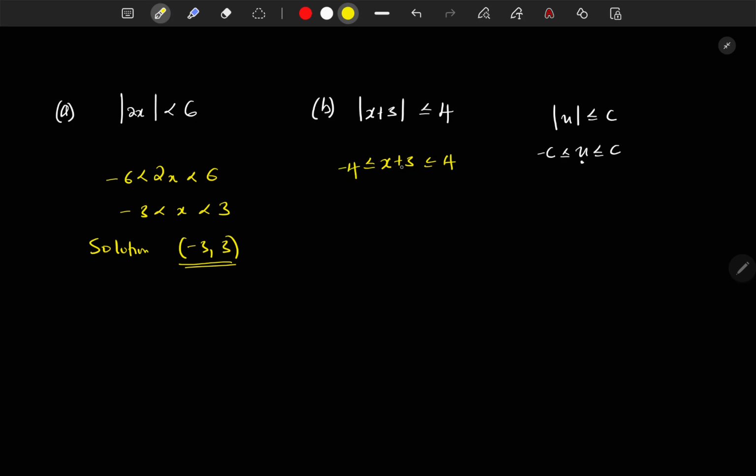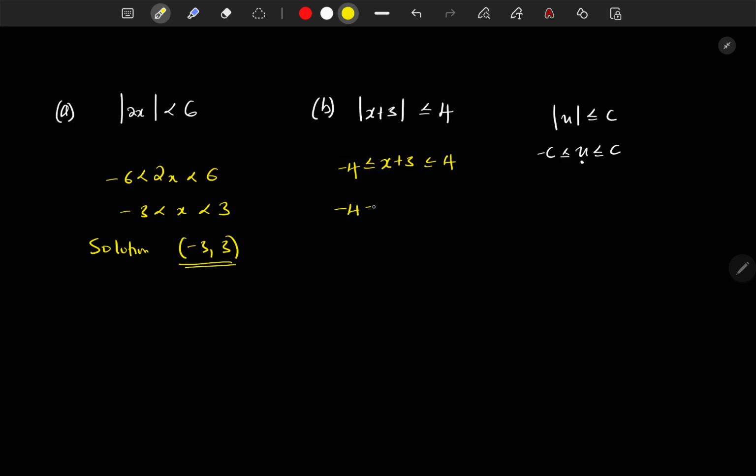Then we can clearly see that for us to remain with x alone here, we can subtract 3 from both sides. So if I remove 3 here, and I remove 3 here, and I remove 3 there, here's what we are going to have.